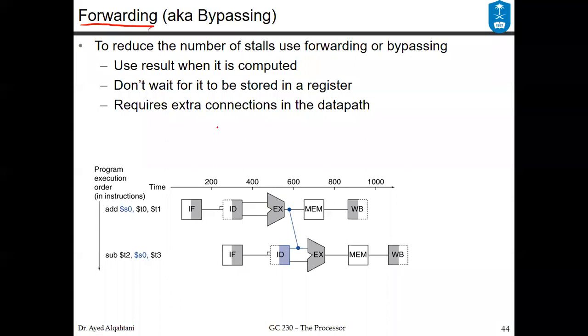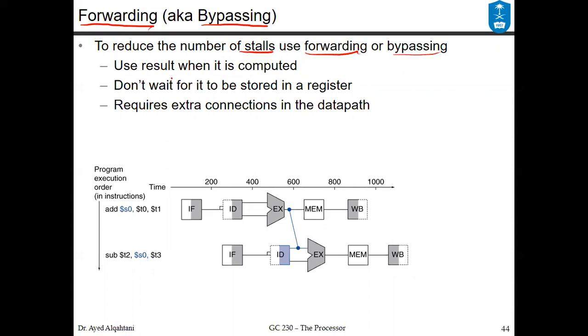This is the famous name for it. It's also called bypassing. And this reduces the number of stalls. We have the stalls, wait, bubbles, no operations. So you reduce the number of stalls by doing the forwarding or the bypassing.